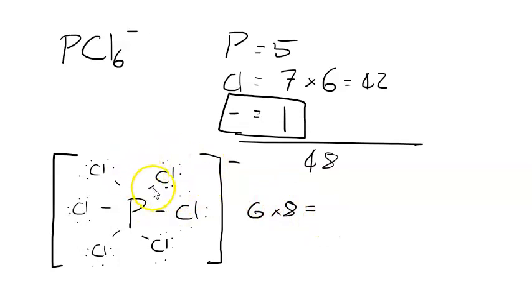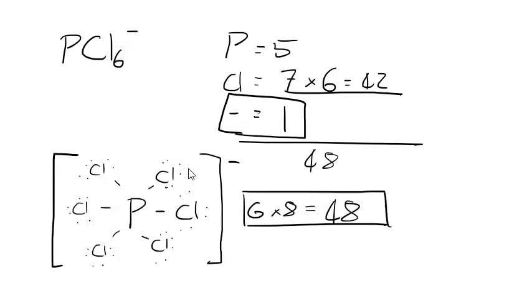So each chlorine has got a total of 8 electrons around it. So 6 times 8 is 42. Is that right? No, 48. 6 times 8 is 48. 6 sevens are 42, we just did that before. 6 eights are 48. Brilliant. I could probably teach you year 9 maths one day. And so we've got no more. Our total electrons is 48, and the electrons we've used up in this ion are 48 as well. So we're done. This is the Lewis structure for that.